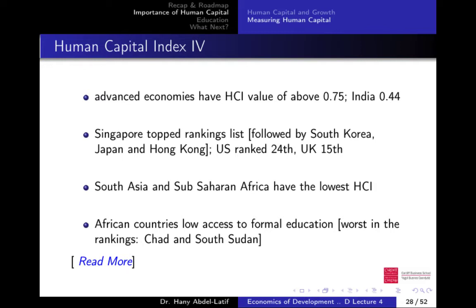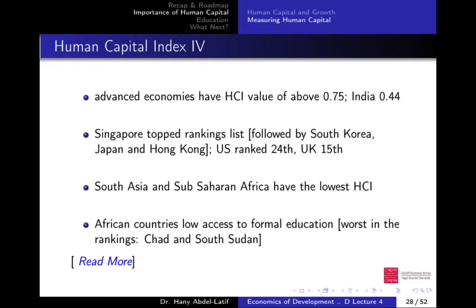The UK is number 15. South Asia and Sub-Saharan Africa have the lowest human capital index. So we're talking about Africa and South Asia. African countries with low access to formal education have the worst ranking, and the worst on the whole list are Chad and South Sudan.